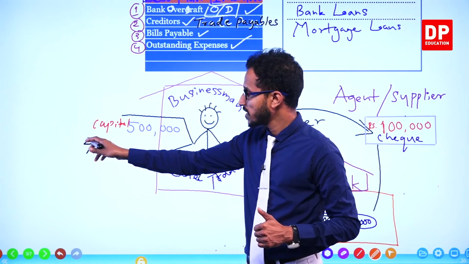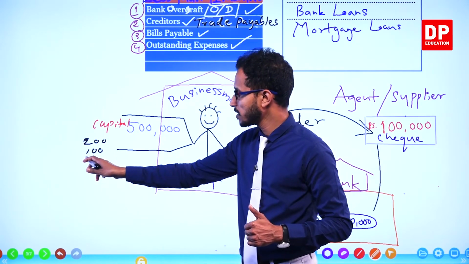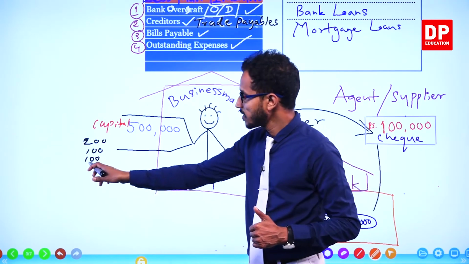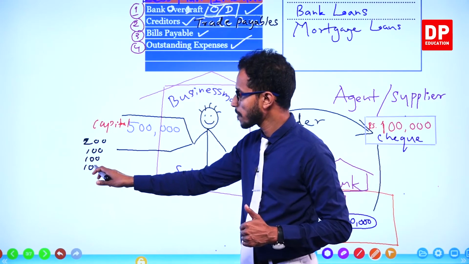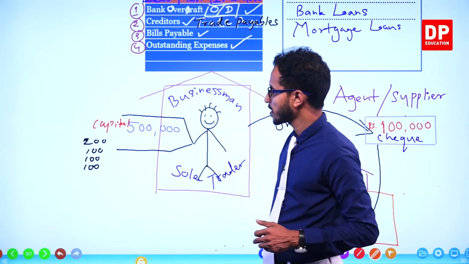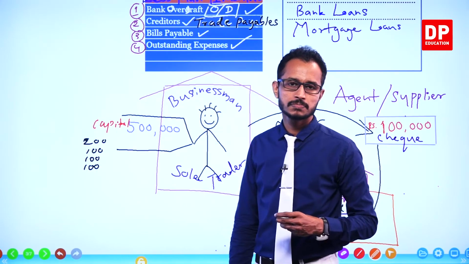So here we have another 100,000 worth of furniture and another 100,000 worth of, let's say, motor vehicles.